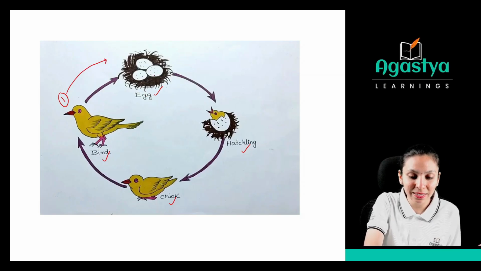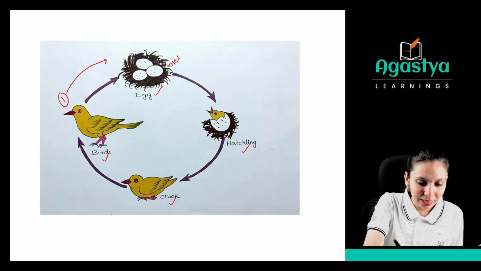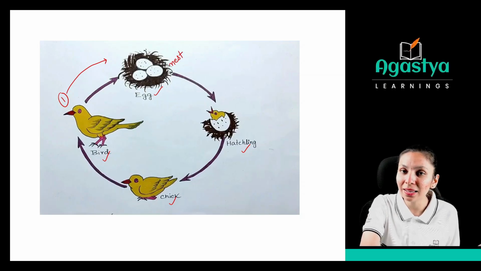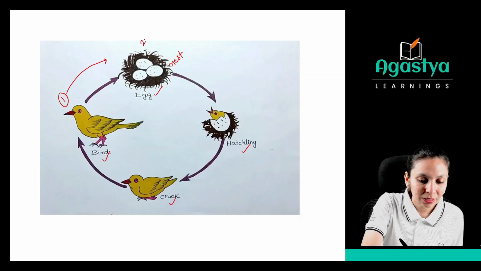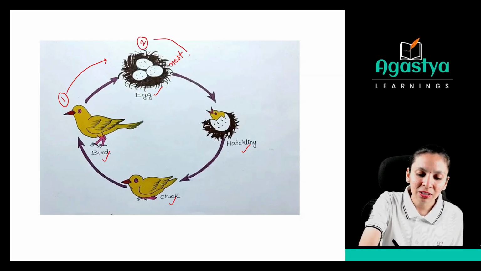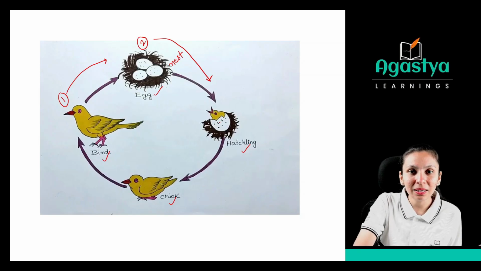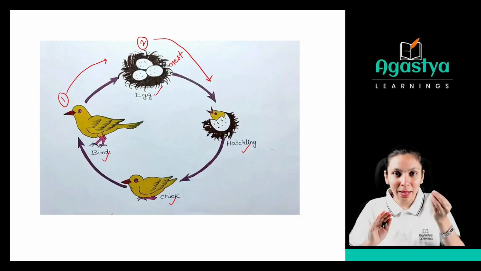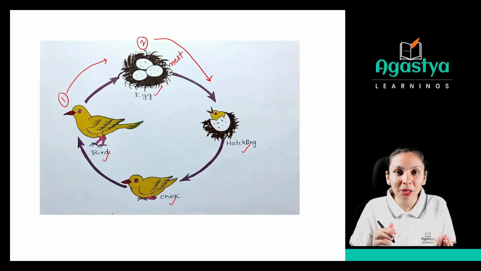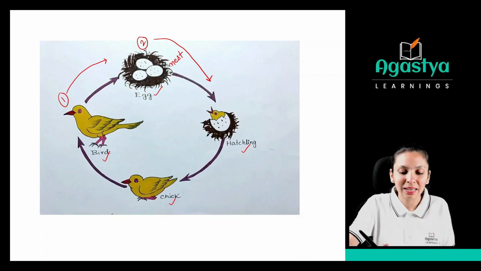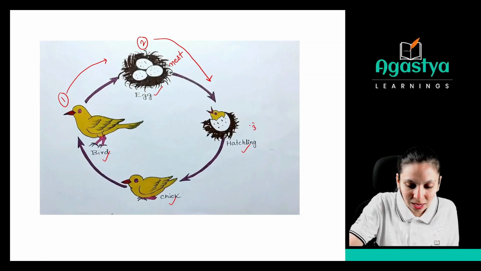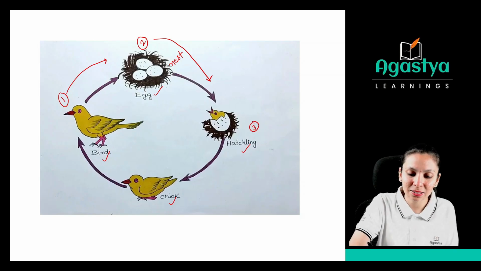You can see this is a nest, right? So they will lay eggs in the nest. They will protect their nest, right? After they lay eggs, the embryo, or you can say the developing baby, matures in the egg and gets hatched out. That is the hatching stage.